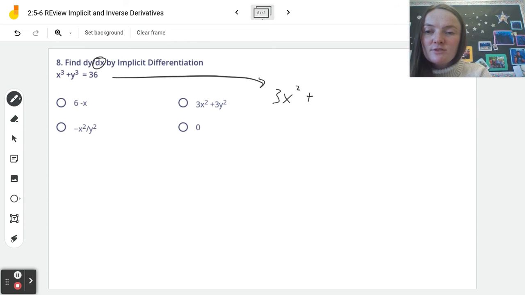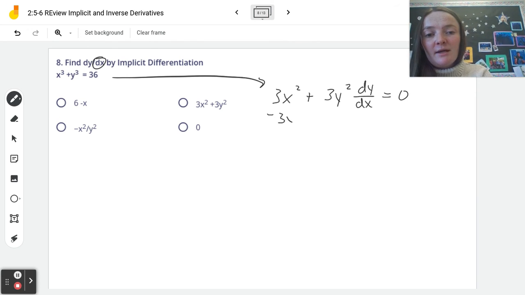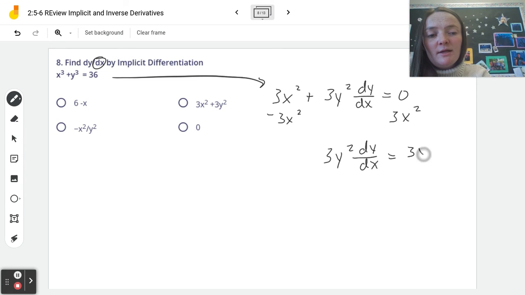Plus, well, the derivative of y is still pretty easy. That's 3y squared, but I took the derivative of y with respect to x, so I'm going to say dy/dx. Lastly, the derivative of 36 is 0, and so all they want you to do is solve for dy/dx. I'm going to subtract 3x squared on both sides. After we divide, we're going to get 3x squared divided by 3y squared.